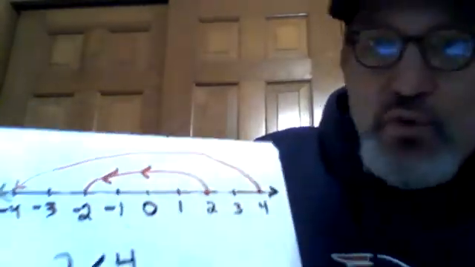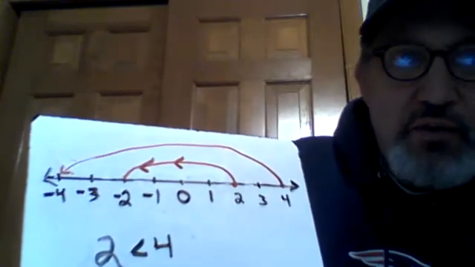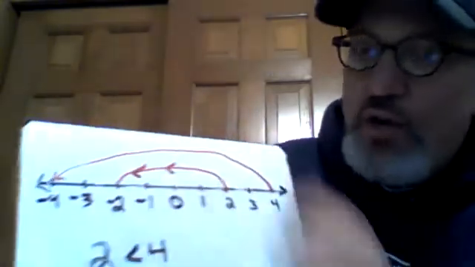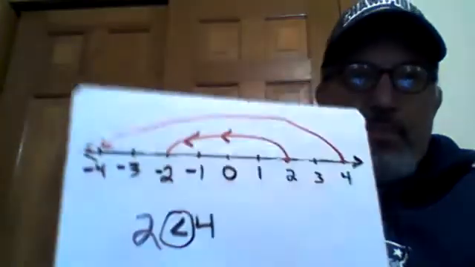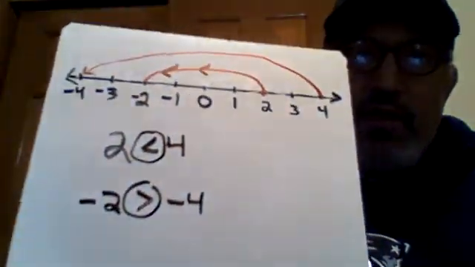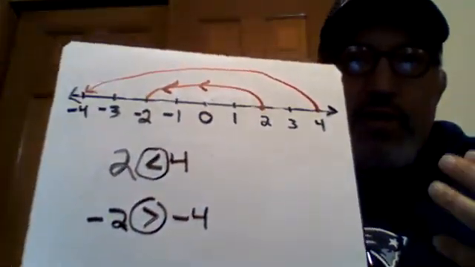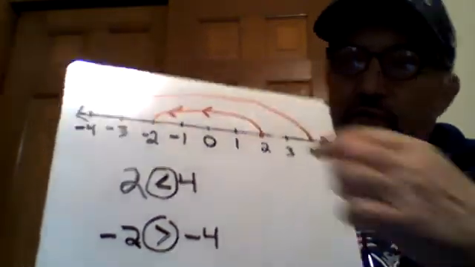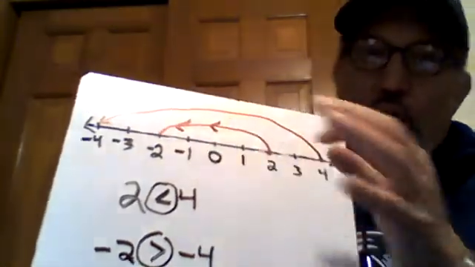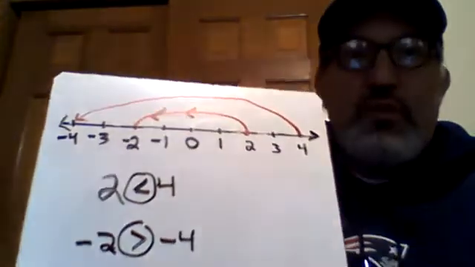But the -2 is to the right of -4. The -2 is greater than the -4. So that's what has to go in between those two numbers in the circle when we compare them. Okay? It's a very interesting thing that the opposites of these two numbers were in reverse position from each other.